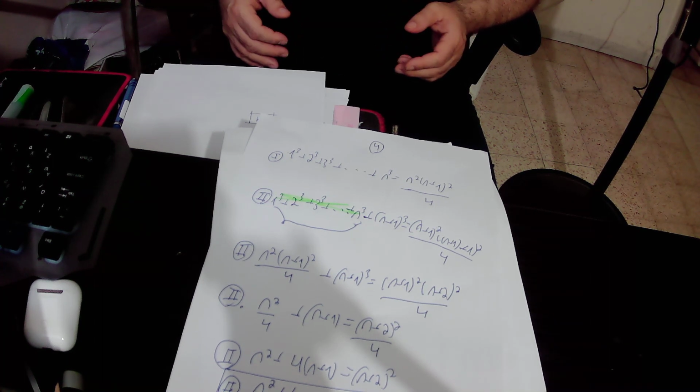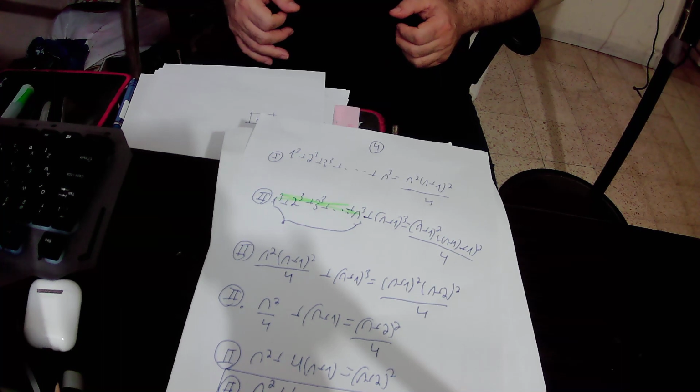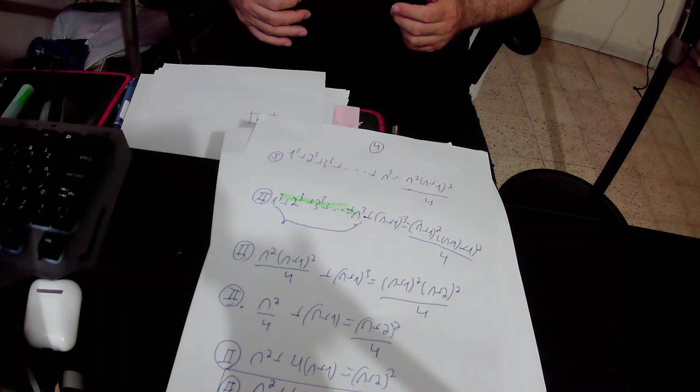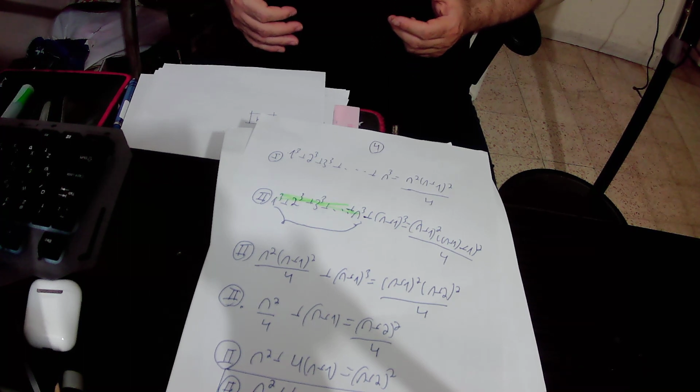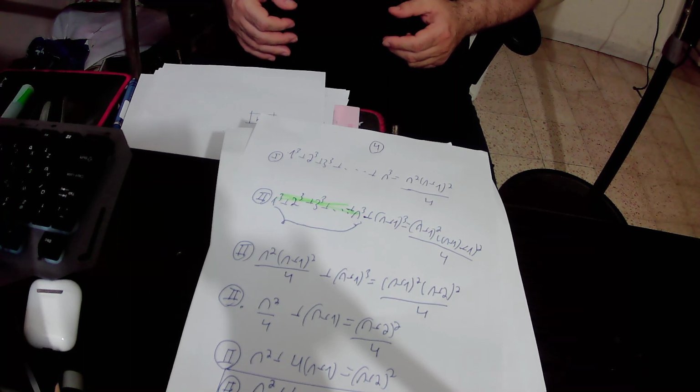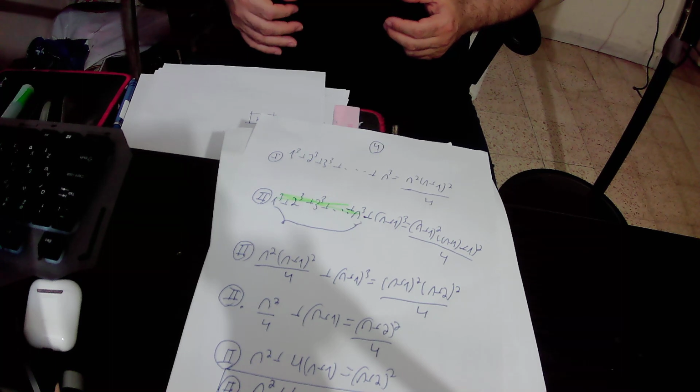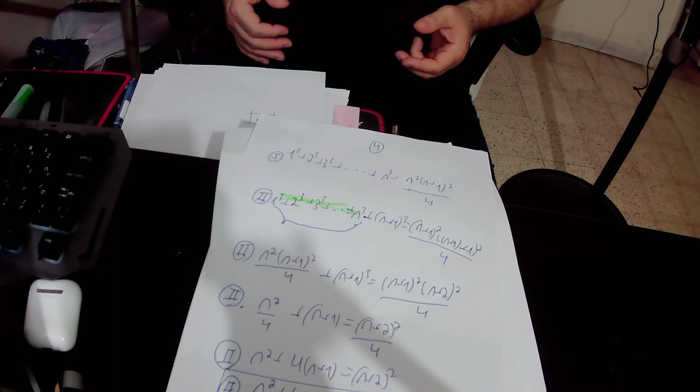That is to say, we will assume that the expression or the statement or the equation is true for n, and from that assumption we will prove that it is also true for n plus 1.